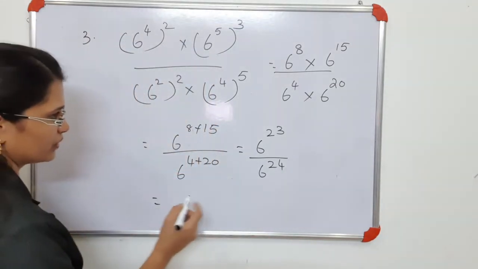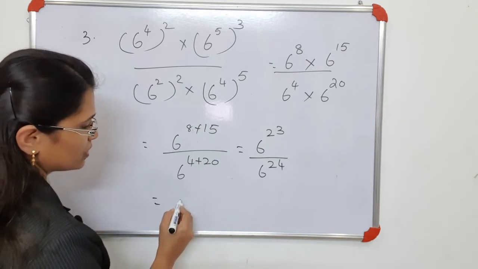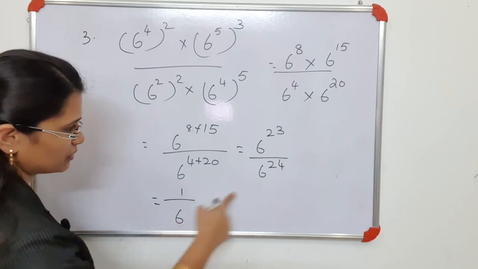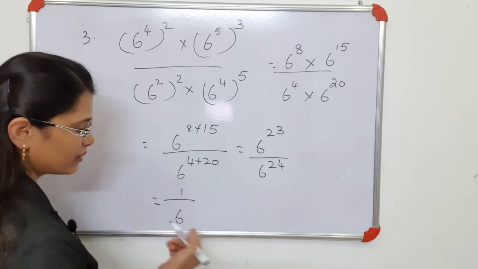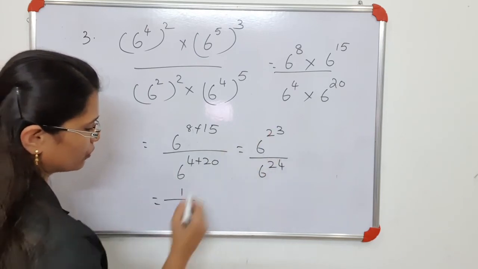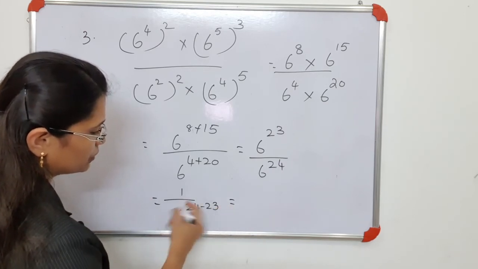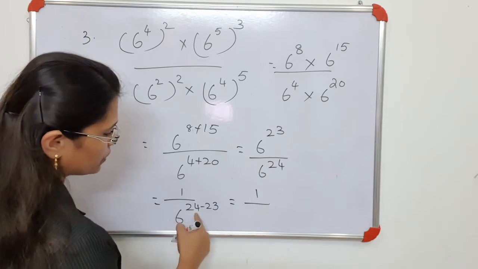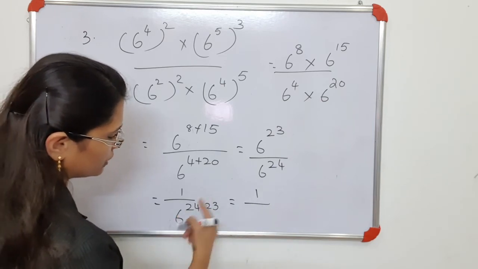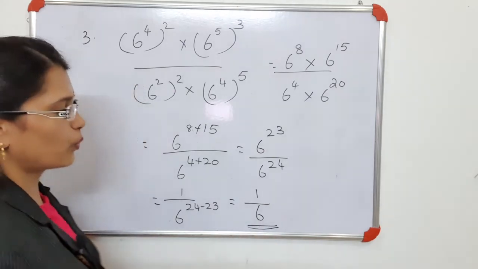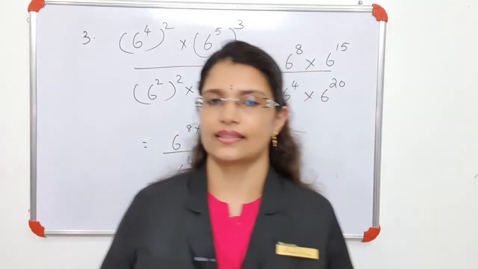So, you can write this as 1 divided by 6 raised to n minus m, that is 24 minus 23, is equal to 1 by 24 minus 23 is equal to 1. 6 raised to 1 equal to 6. So, the answer is 1 by 6.